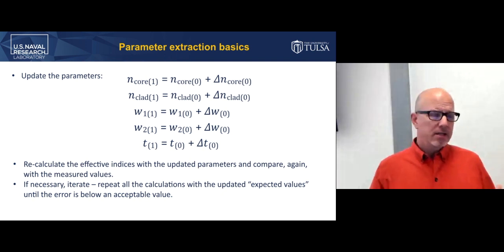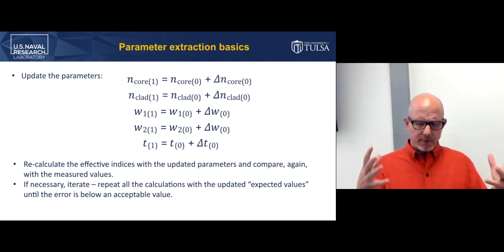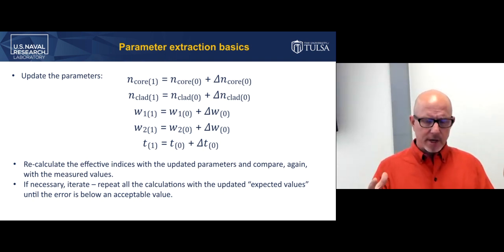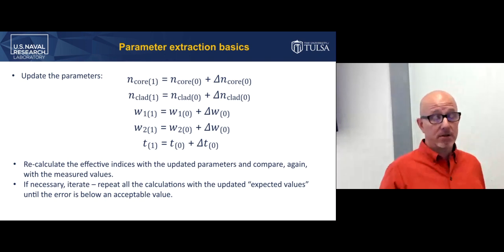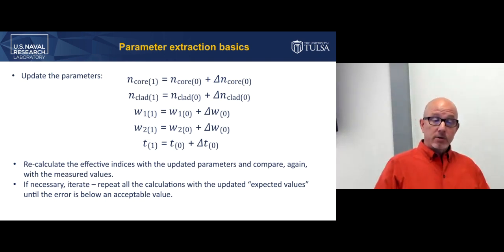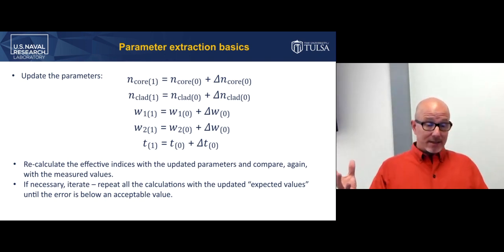Typically, if you start out with the design values, you might take 4, 5, 6 iterations to converge to an acceptable value of errors compared to the measurement. Okay, so that's our parameter extraction process.